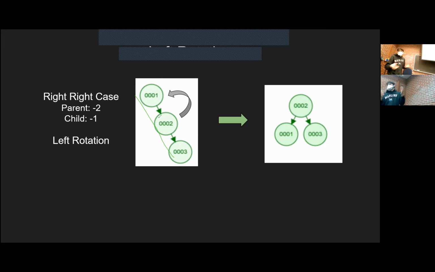That's how I usually like to think of it. If I pick up the 2 and hold it up, the other 2 fall into place to the left and to the right. And that gives us exactly the right kind of tree, because 2 is the root, 1 is the left child, and 3 is the right child. And that's balanced, right? So that's how we handle a right case.